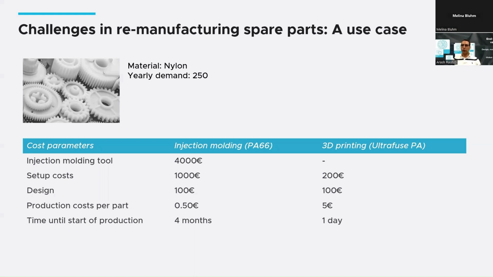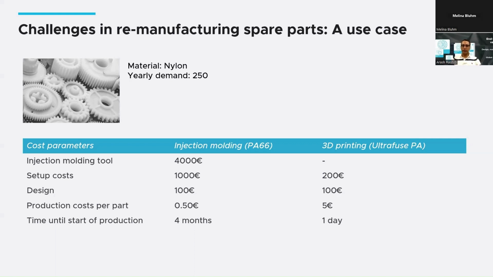Of course, you have to first create the design. It doesn't make any difference if you create these CAD files for injection molding or 3D printing, so the cost is the same. And after all this is done, the production would be around 50 cents per part.